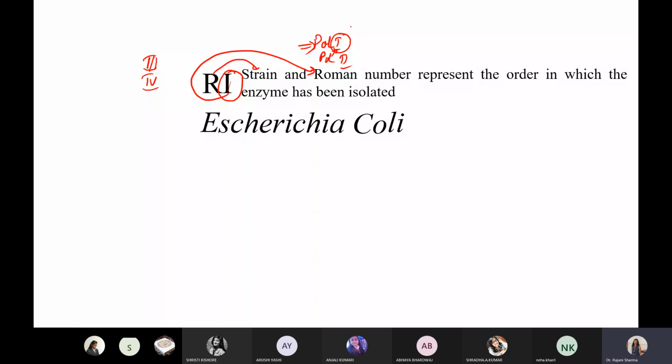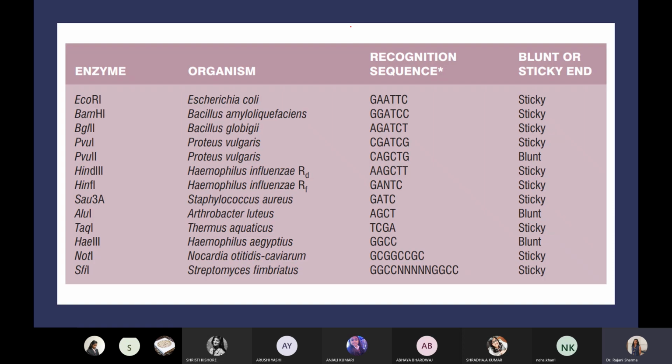Till now we have studied about the restriction endonuclease, how it was discovered, how it acts, and how it is nomenclatured, or simply how we represent it. I have presented only a few of the enzymes along with the organism from where each has been isolated. The first letter represents the genus and the next letters its species.